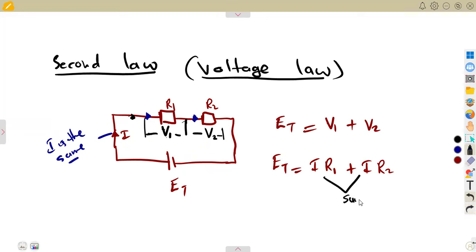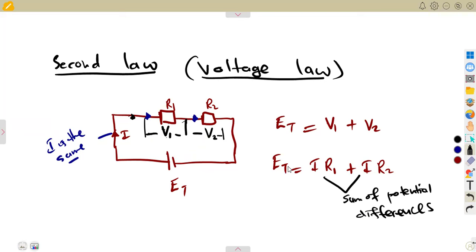So this is the sum of potential differences. All right. So with the algebraic sum of the potential differences, which is the voltage drops that you are given, it must be equal to the one that is the voltage drop. So we are saying the algebraic sum of all the EMF and the voltage drop.